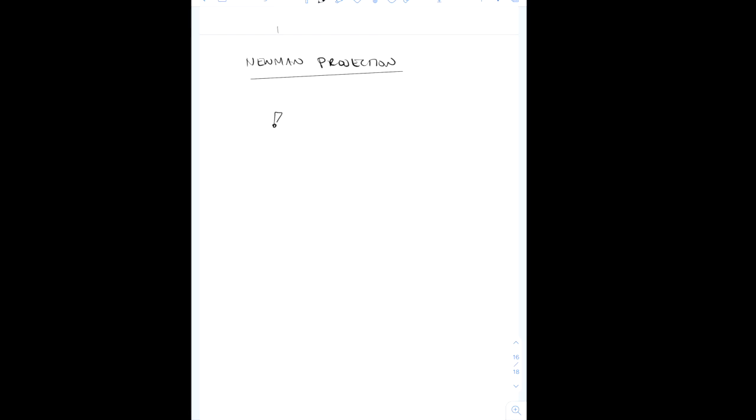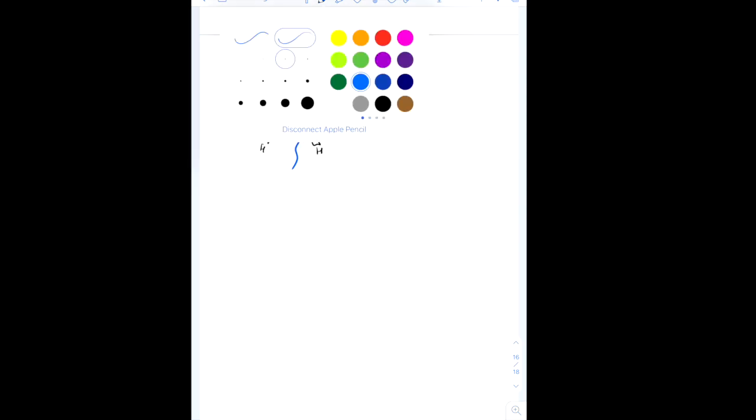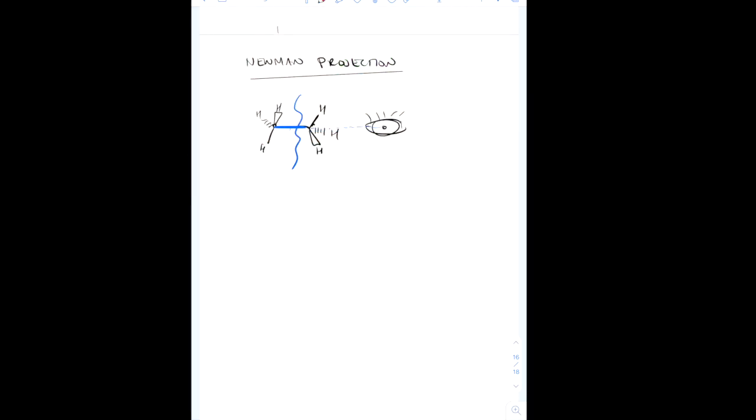And so let's go ahead and draw out another one of these guys, just so that we can have them side by side. Okay, and so remember what we're doing is we're looking right down this carbon-carbon bond. So that point of view. If we're looking from this point of view, which side of the molecule, if we divided it into two separate sections according to that blue line, I'll color it in red actually.